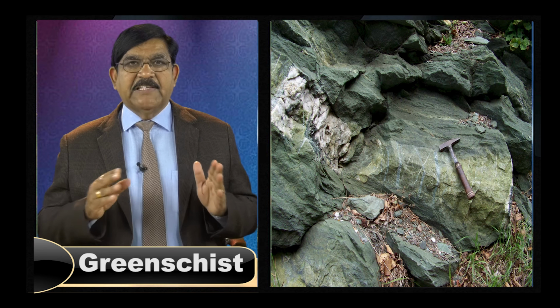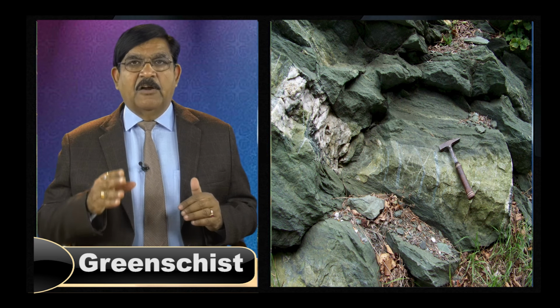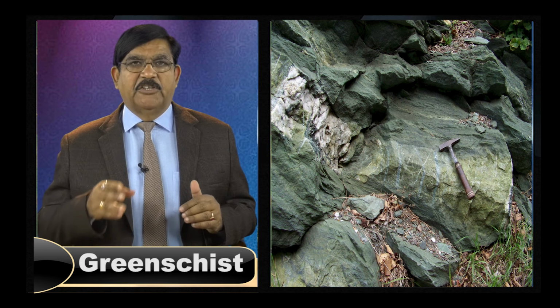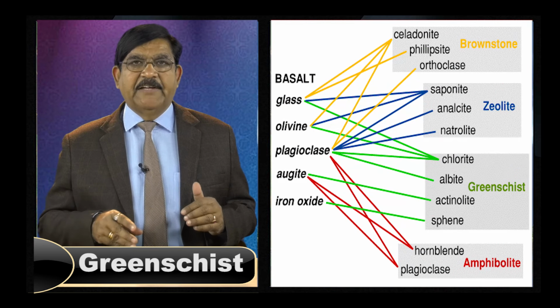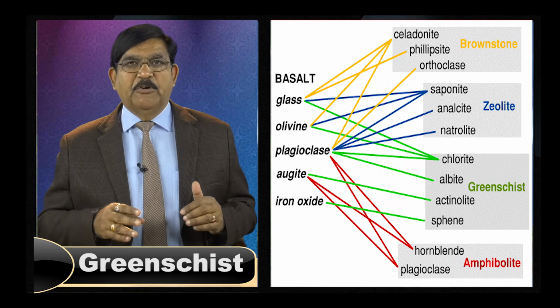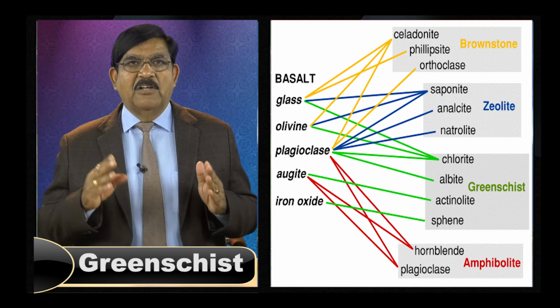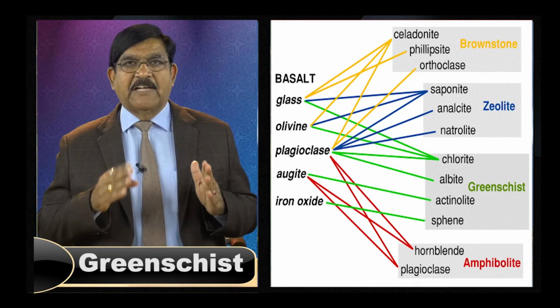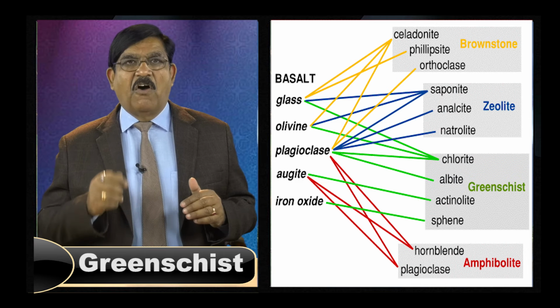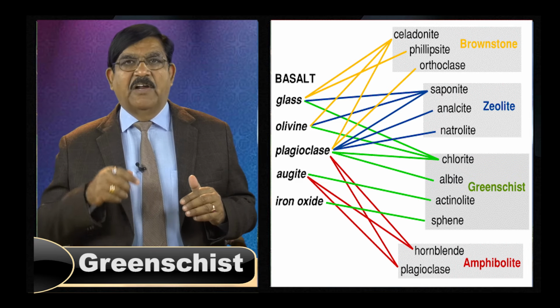Greenstone or green schist. Green colored low grade metamorphic rocks dominated by the presence of chlorite, actinolite, and epidote minerals that may show schistose texture or non-schistose texture to qualify the rock as green schist or greenstone.